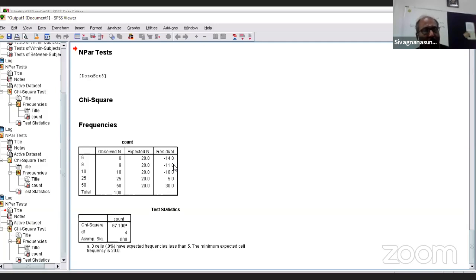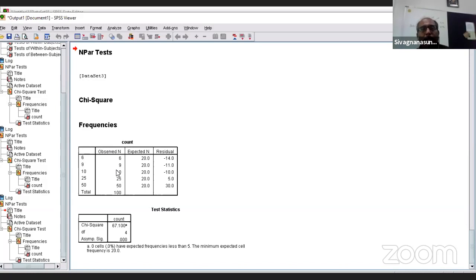The number of students who have got each grade should be equal. That's why we are saying grades are equal. It is the number of students who got the grades. In the sense, the number of students who got A grade is equal to the number who got B grade, C grade, D grade, and F grade. That is the hypothesis. The grade distribution is equal. That is the hypothesis that we are testing.